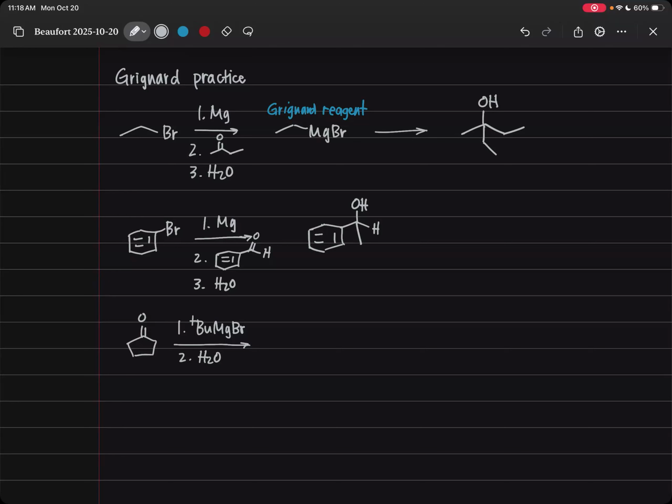So in this case, it's a benzene ring, and so we could also draw this like that.